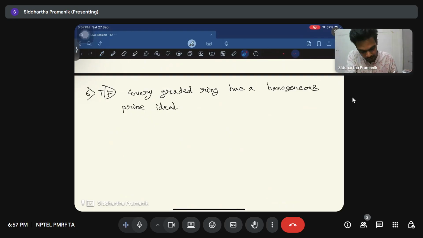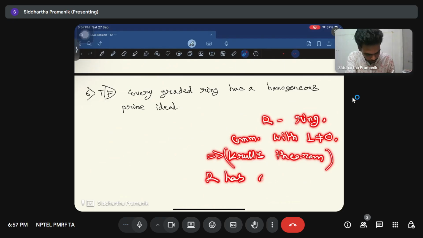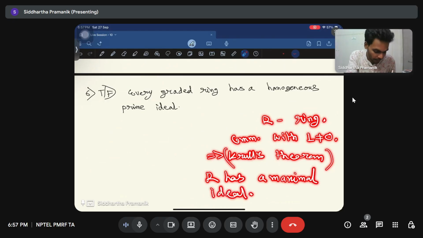So recall that if R is a ring, in our case, ring means commutative ring, R is commutative with 1 not equal to 0. Then by Krull's theorem, R has a maximal ideal, using Zorn's lemma, and every maximal ideal is prime.